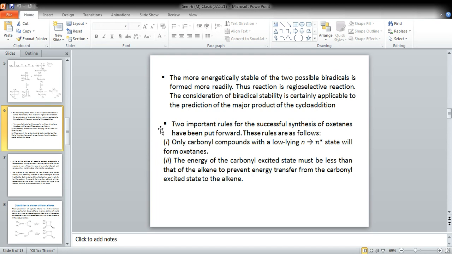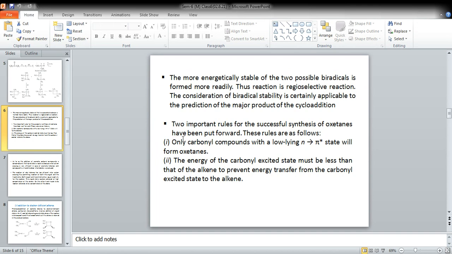Thus, the reaction is regioselective, one product is 90%, another is 10%, and the one at 90% is dominating. The consideration of biradical stability is certainly applicable to the prediction of the major product of the cycloaddition. So in this kind of cycloaddition, we can predict the major product by understanding the stability of the biradical form.